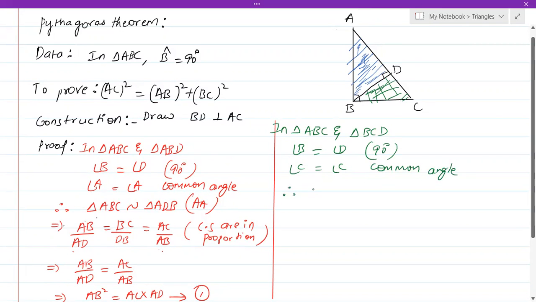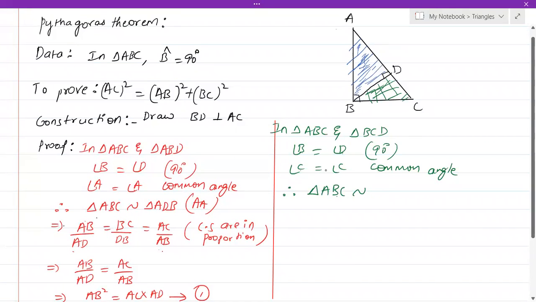Therefore, the triangle ABC is similar to BCD. Okay, I've made a mistake.